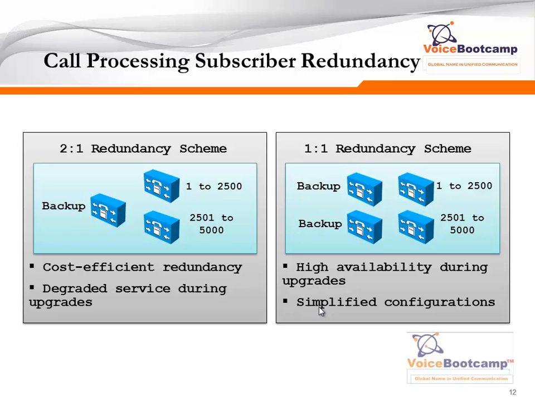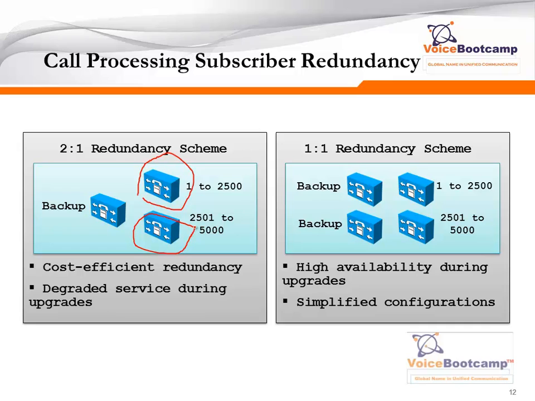So in this scenario, in a 2-to-1 ratio, you will have three call manager servers, one backup and two active. In this case, the first server can handle up to 2,500 phones, and the second server can handle the same number of phones, but from 2,501 to 5,000.